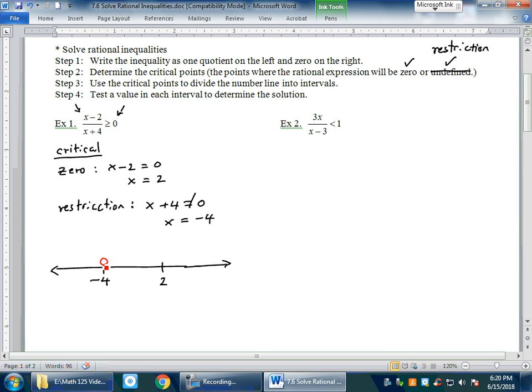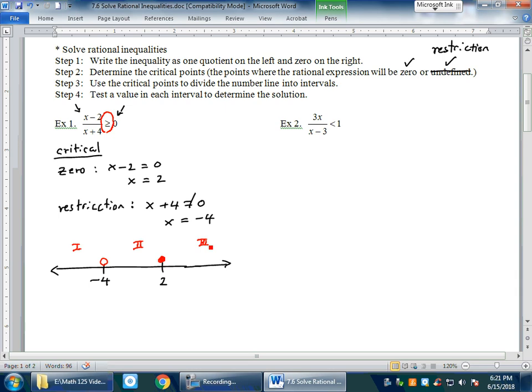For 2, in this case, it is inclusive because the inequality symbol is greater than or equal to. Now we have interval 1, interval 2, interval 3.